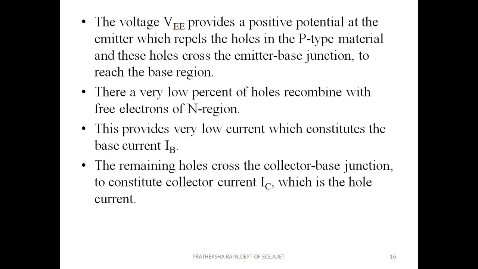The voltage V provides a positive potential at the emitter which repels the holes in the p-type material, and these holes cross the emitter base junction to reach the base region. A very low percentage of holes recombine with free electrons of the n region. This provides a very low current, which constitutes the base current IB. The remaining holes cross the collector base junction to constitute the collector current IC, which is the hole current.